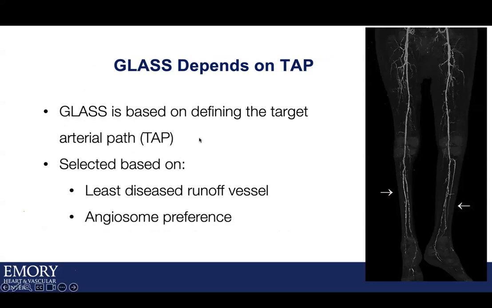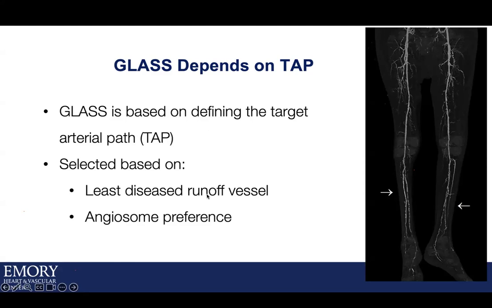So if in this patient, for example, there is disease in the 3 vessels below the knee, which one should you consider as the TAP? Which one should be considered as the target? Really, one way to look at it is you can select the least diseased vessel and try to fix that vessel.